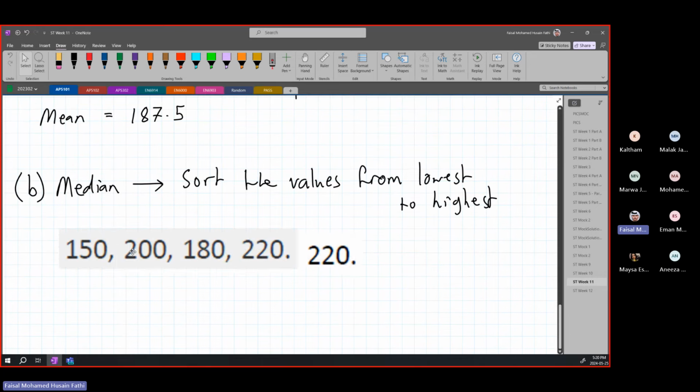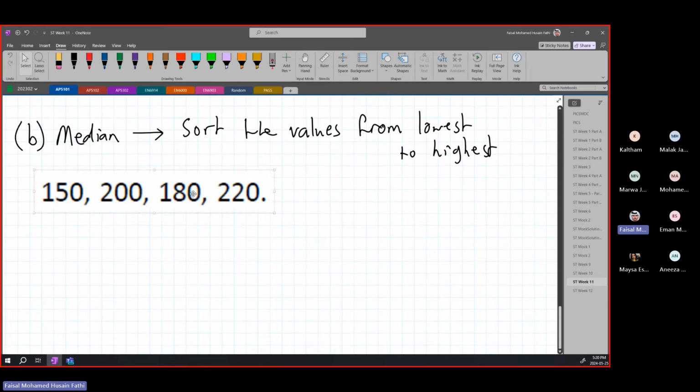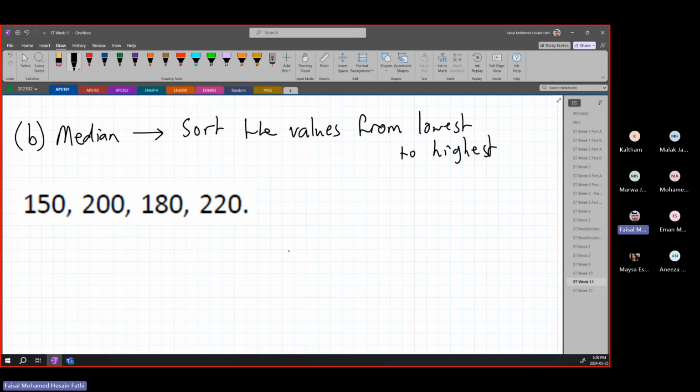So if we look at the median over here, these are the values that we have. If we want to resort them, it is going to be 150, 180, 200, 200, and 220. All right. So if we resorted it from the lowest value up to the highest value.